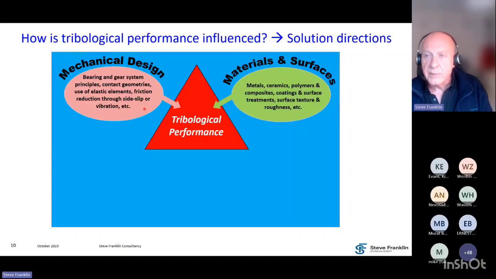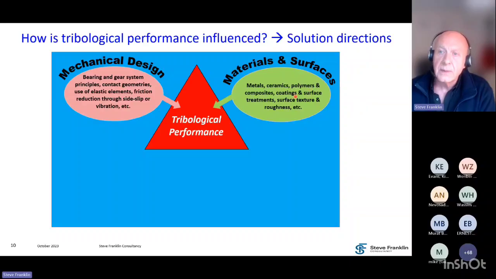We can also look at the materials and the surfaces. So of course there's lots of different materials to choose from, some of which will be appropriate and some of which will not be appropriate for a particular application. We can talk about coatings and surface treatments, because as I said, friction and wear are surface phenomena. So if you put coatings and surface treatments on the surface, then you're going to directly influence the friction and wear straight away.